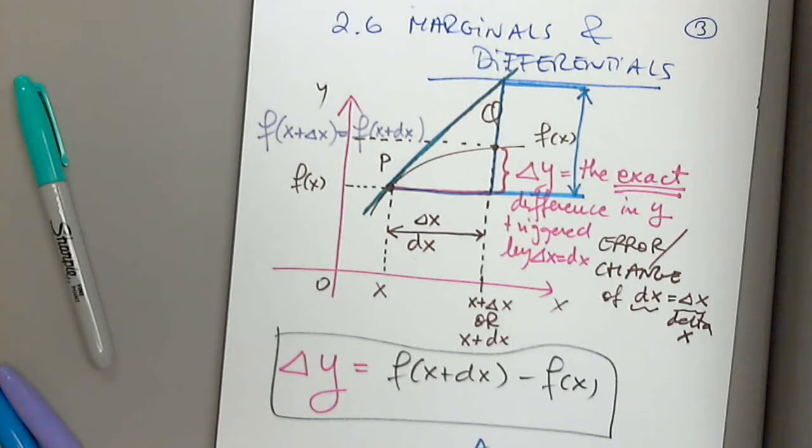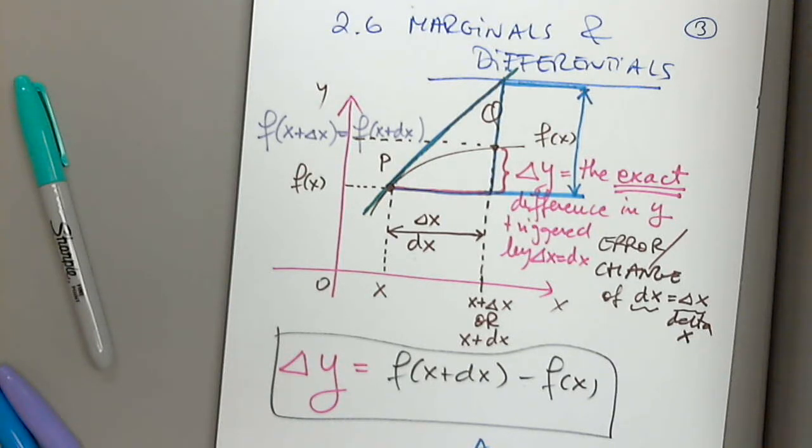Point slope. Which function? That would be the equation of the line, but I want the slope of that line. And there is one function that will give us the slope of the line at any point. The derivative.